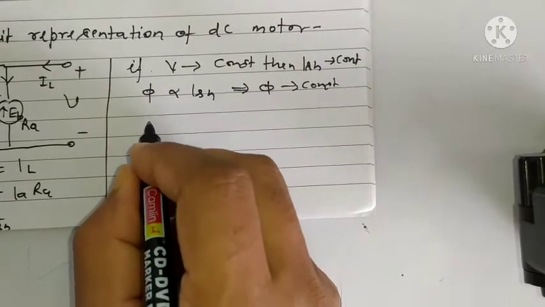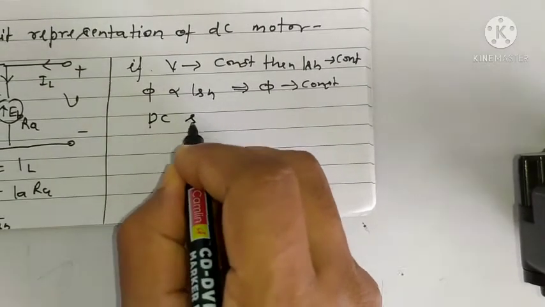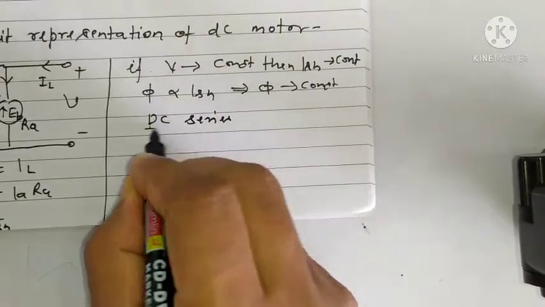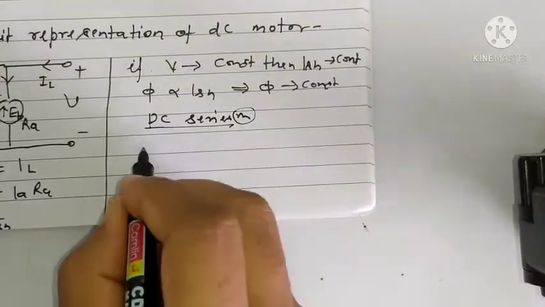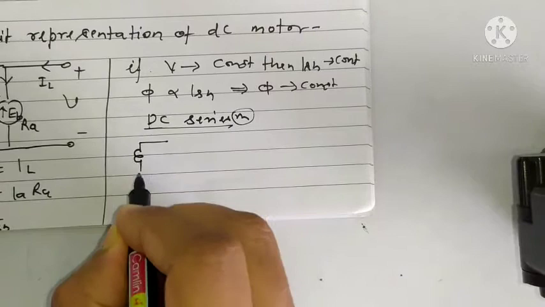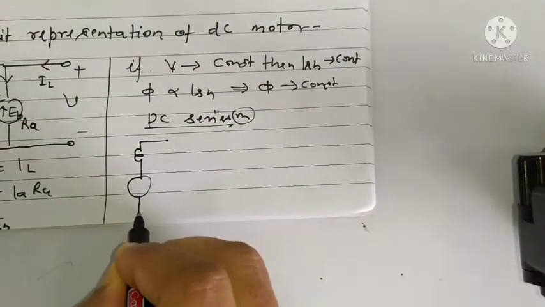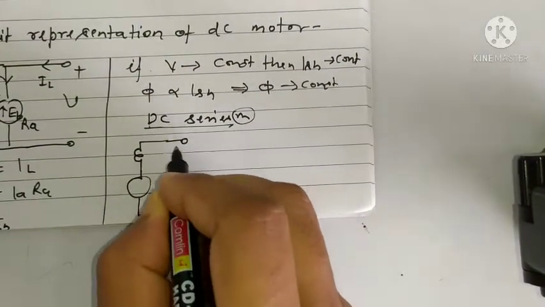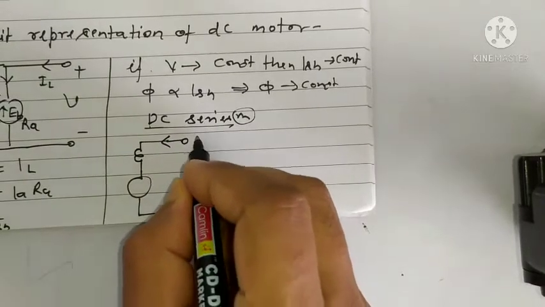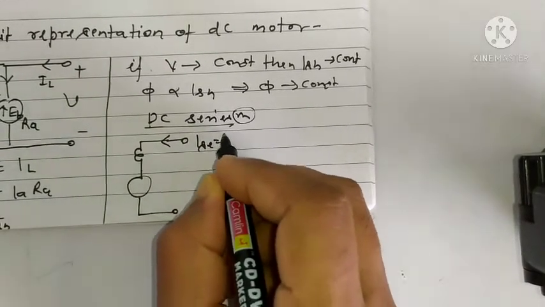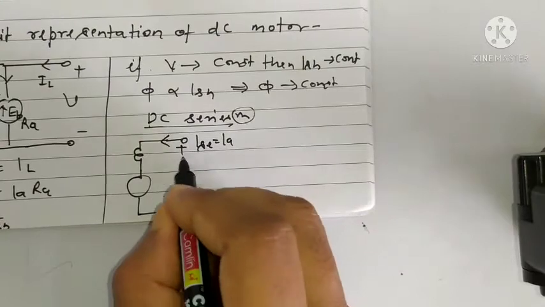DC series motor, so field winding is connected in series with armature. There will be field current which is equal to armature current.